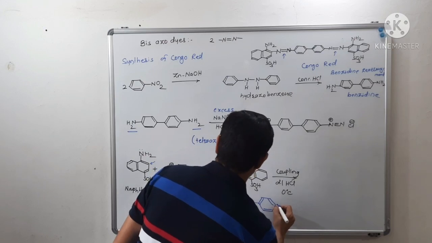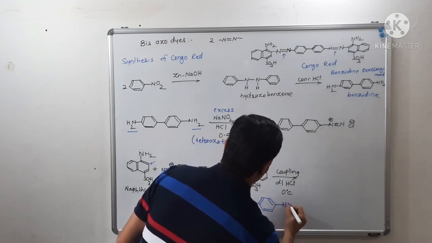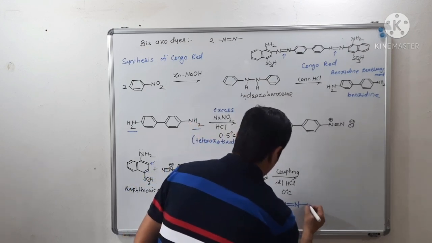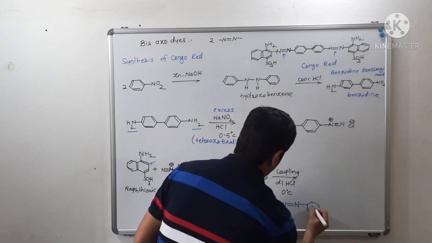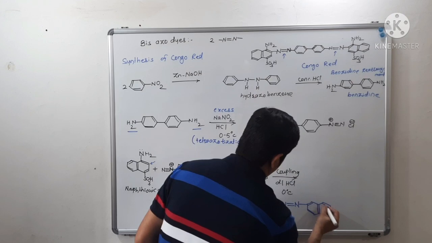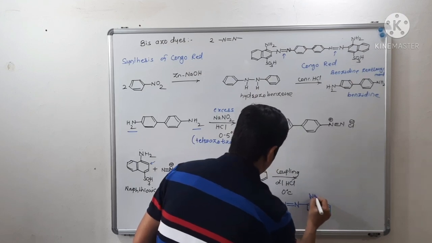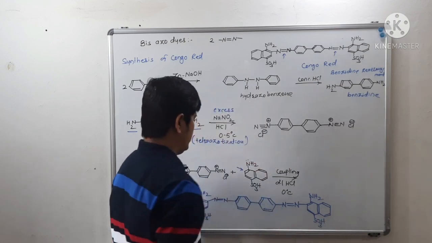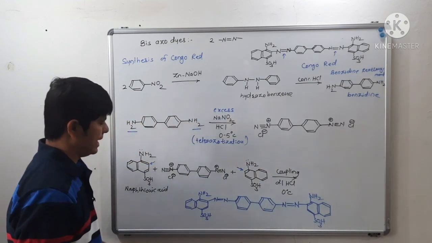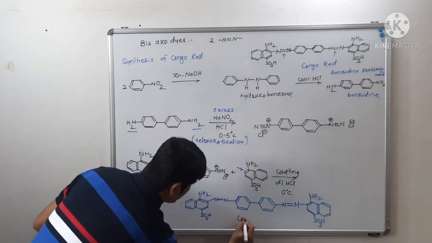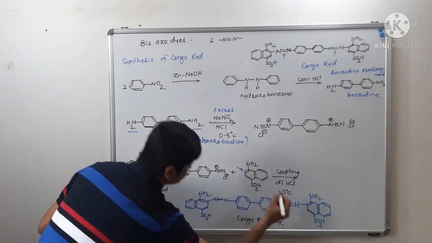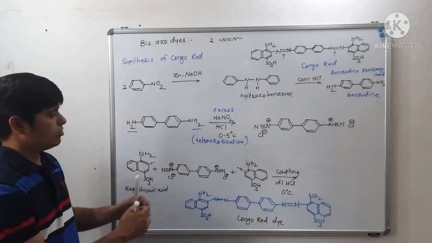Now in the next step there will be an N=N linkage again with another molecule of naphthionic acid. So this is Congo Red dye. In this way Congo Red dye is synthesized.